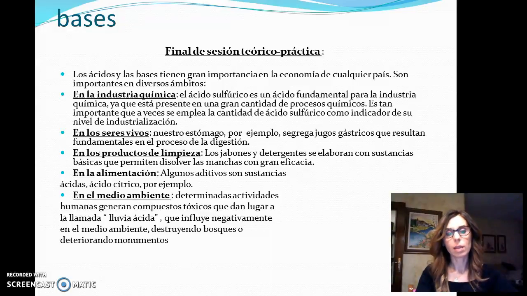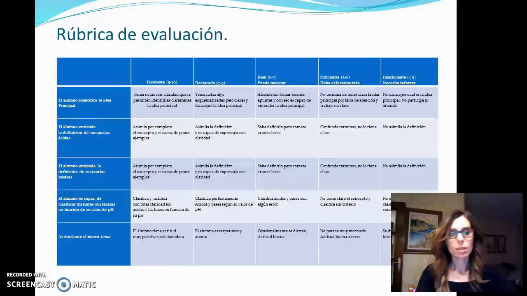Remember the acid rain, which destroys and deteriorates all the environment. So we have to take care about this.